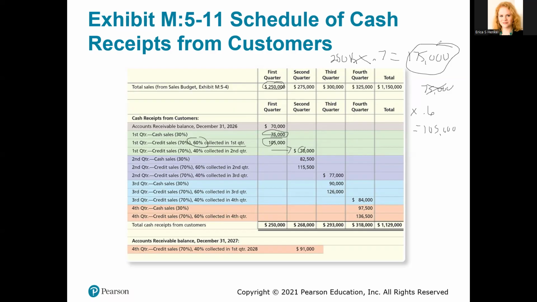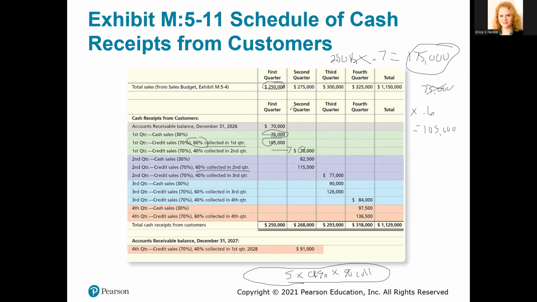And they're saying that each quarter, 60% of the credit sales will be collected right away, and then the remaining 40% in the next. You're going to take your sales times the credit percent, and you're going to take that times the percent collected for each period. Okay. So that's the formula that you're going to want to use to figure out your collections for each period.